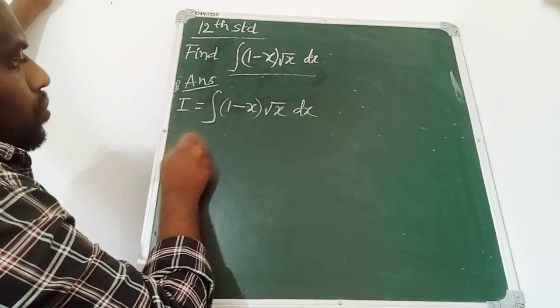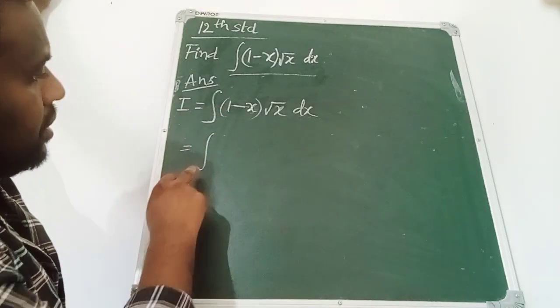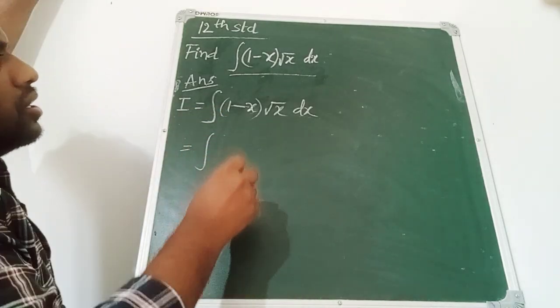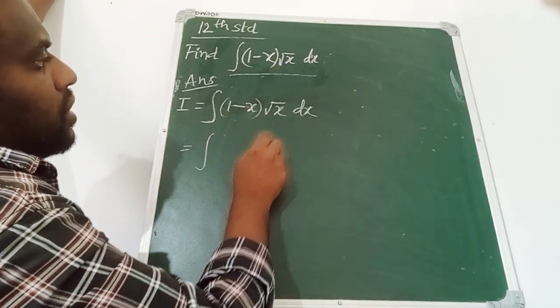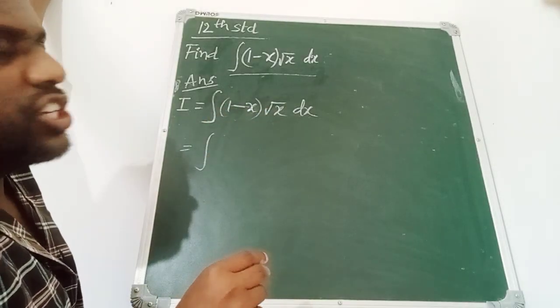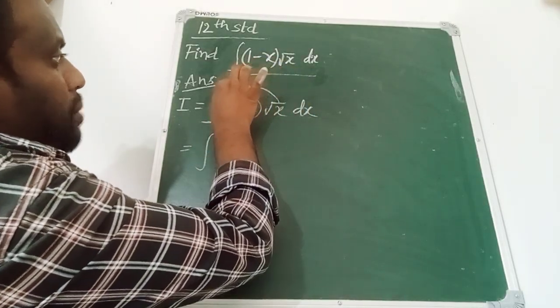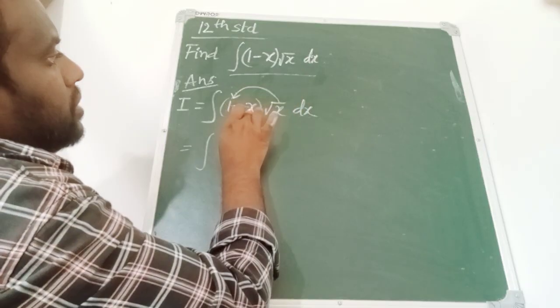Next step, write this as this. This is the integration symbol. Now we have to multiply this and this. So for that, distribute this root x with this. When I say distribute, it means you multiply with 1 first, then multiply with x.